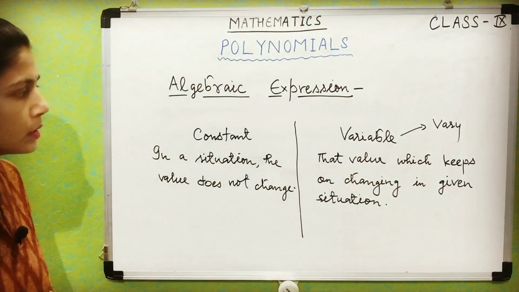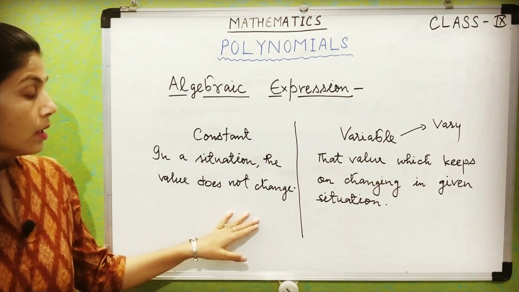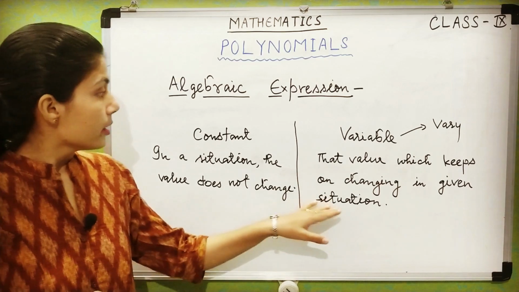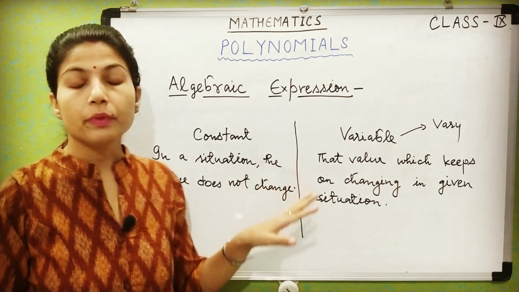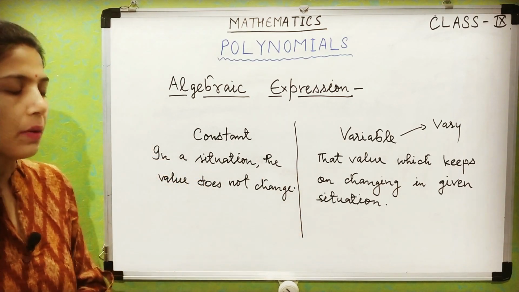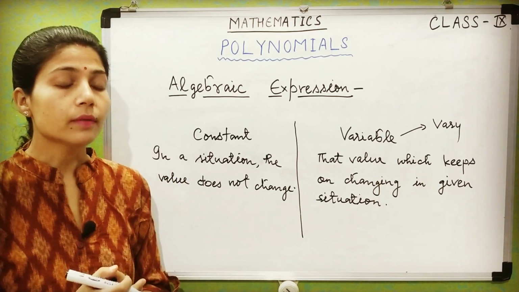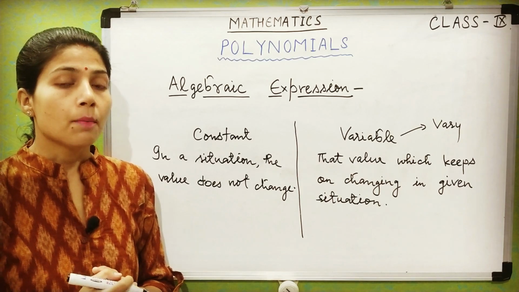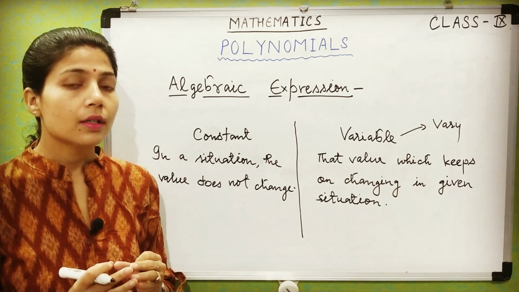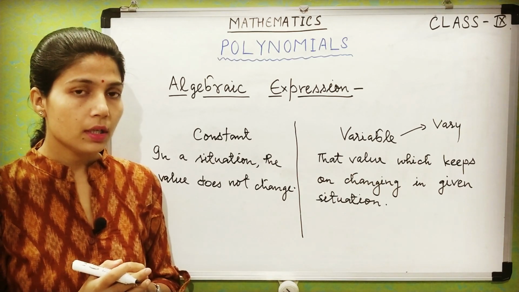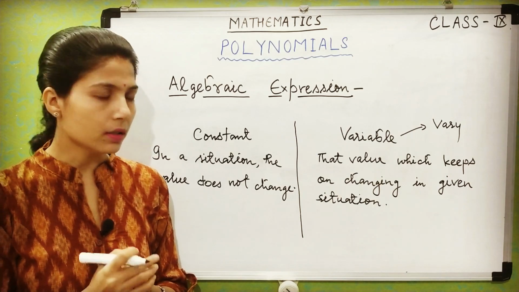Okay, so let's understand the difference between these two by taking an example. Suppose the situation is given this way: a particular date in a month of a particular year.